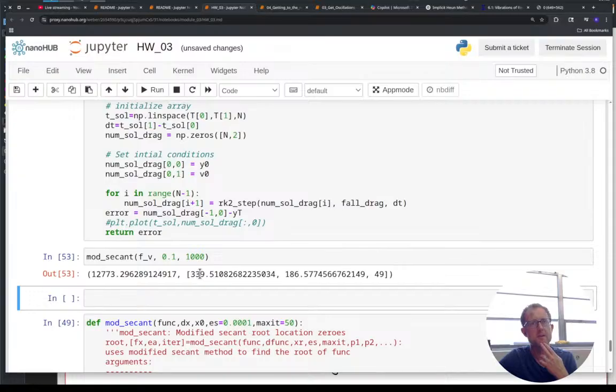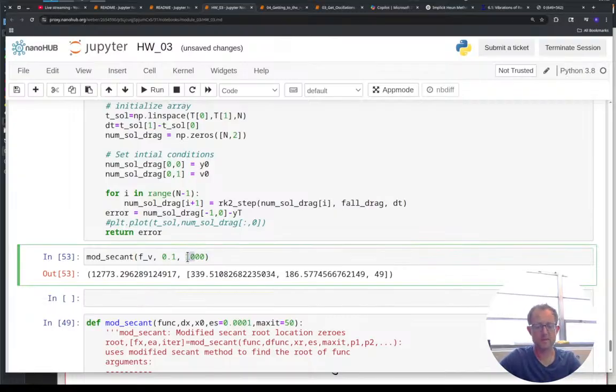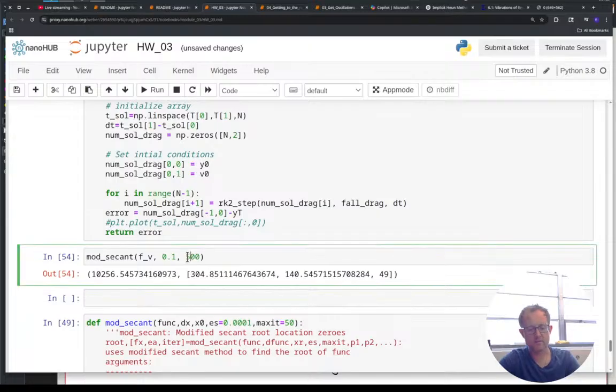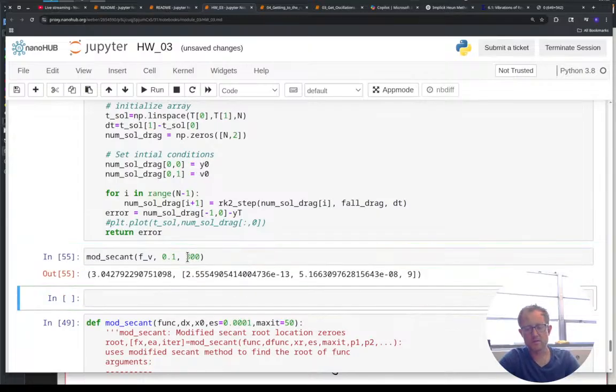At 1,000 meters per second, we're basically doing constant velocity over that small piece of time. I'm surprised it doesn't get back down there. But let's see, 500. So the distance kind of matters.